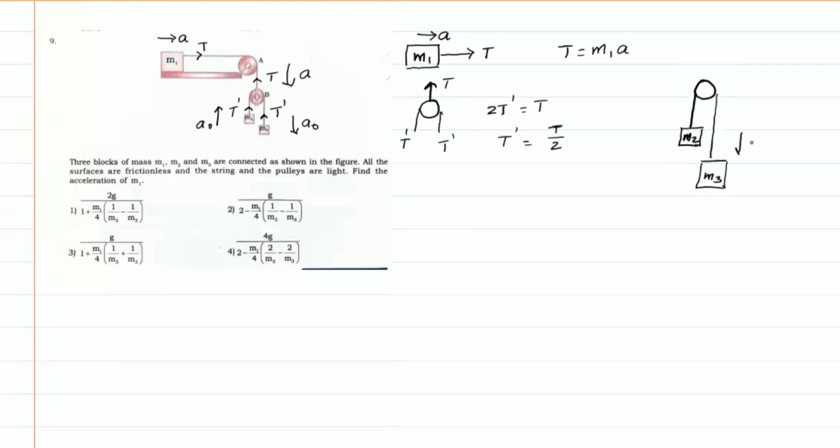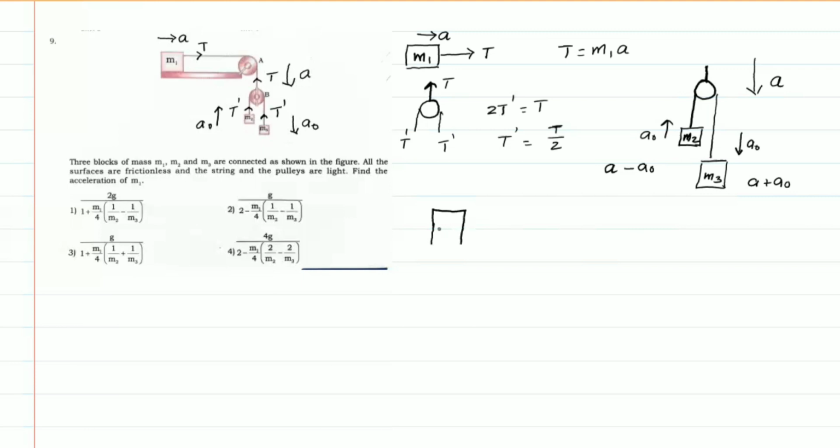Now the accelerations: a naught is downwards and a naught is in the upward direction. Now the total system will be moving with A in the downward direction. So I am going to write the A net for the m2 block. So A net for the m2 block is A minus a naught. In the similar manner, for the m3 block it is A plus a naught.